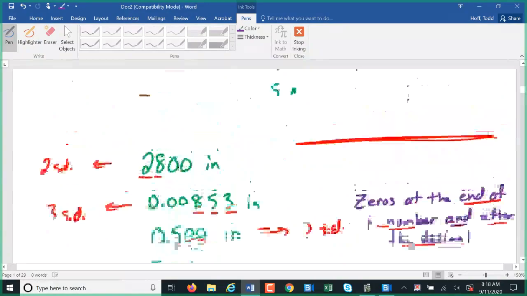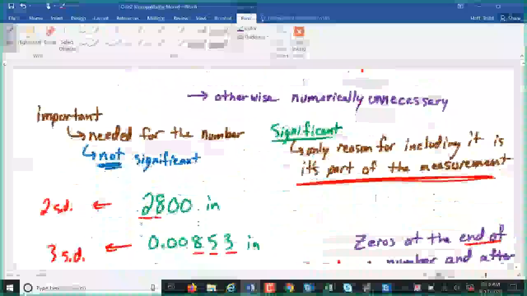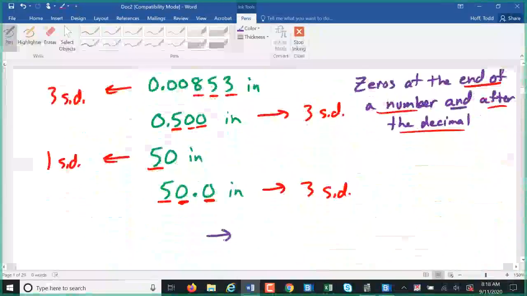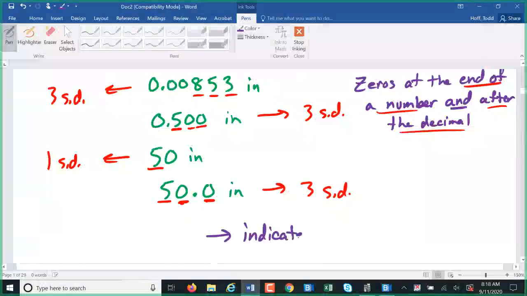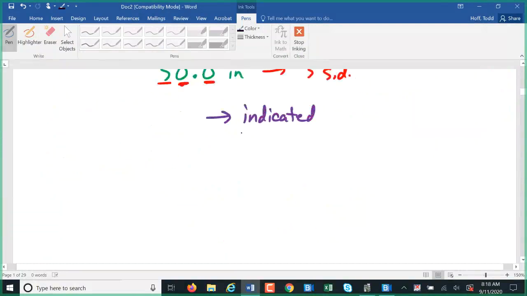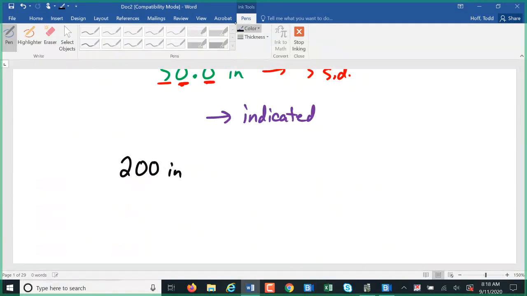There is a final way that a 0 can be significant, and that is if it is indicated. Well, what do I mean by that? If I have a measurement that comes out to 200 inches, if I just write it like that, this is implying that 2 is my degree of precision.